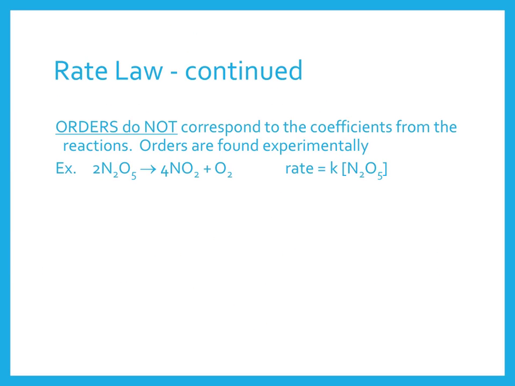As I mentioned previously, rate orders do not correspond to the coefficients. The example I have shown right here is 2 N2O5 yields 4 NO2 and O2. The rate law, again, is built on the reactant, but you do not use the coefficient as your order. So this is a first order rate law, and it is determined experimentally.